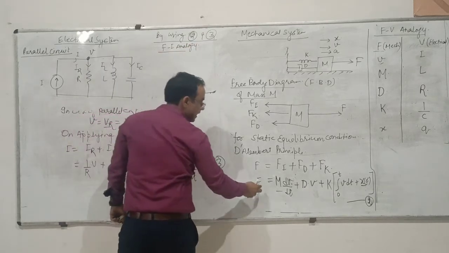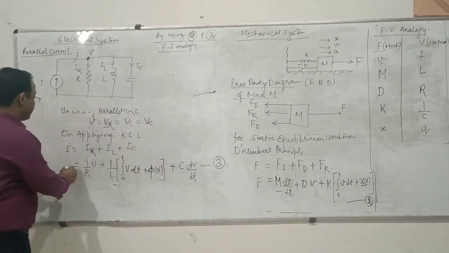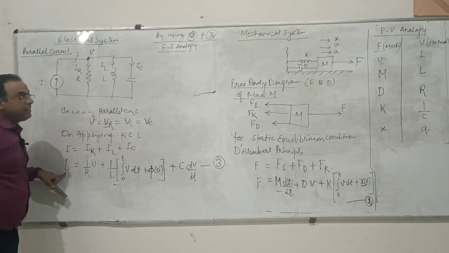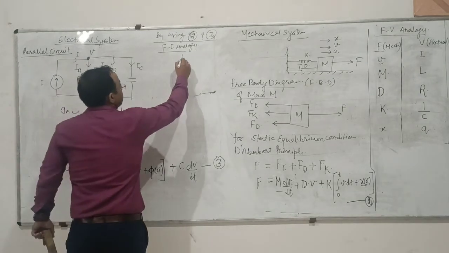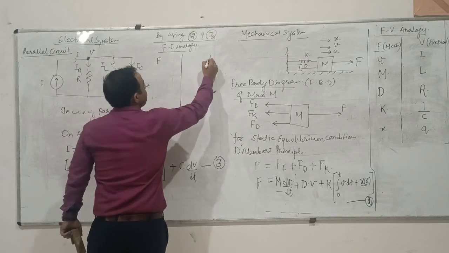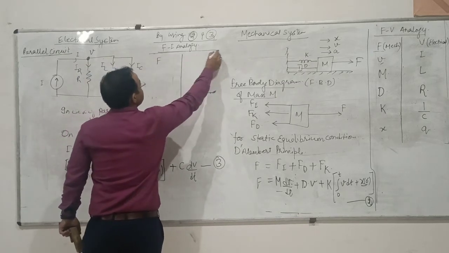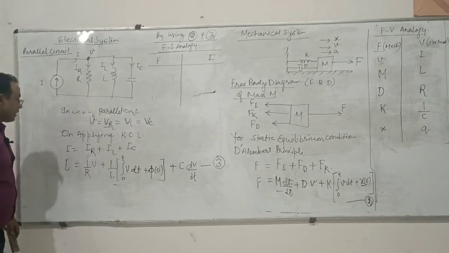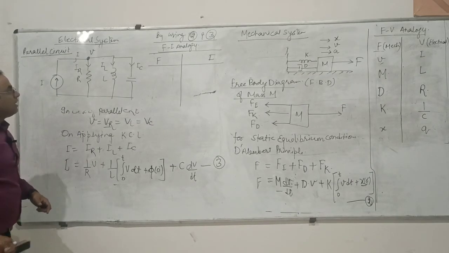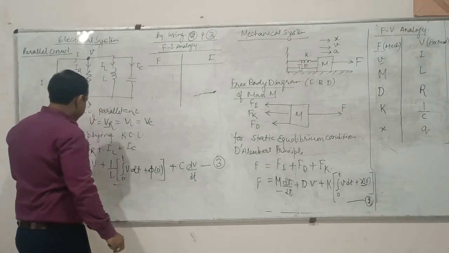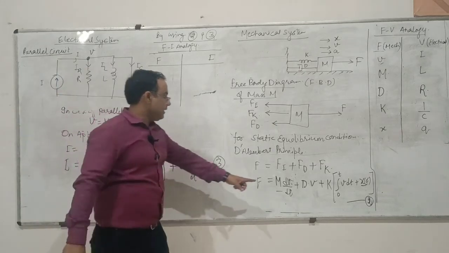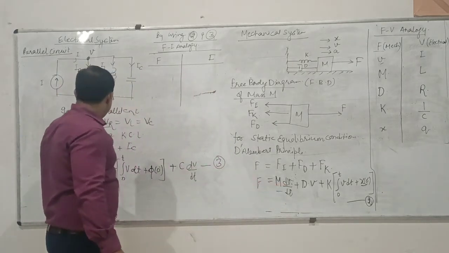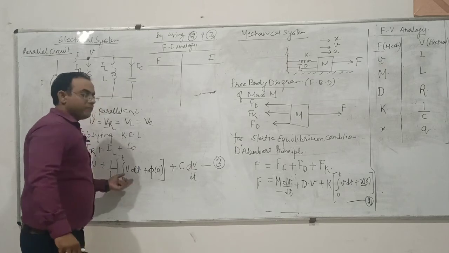where force is analogous to the current. Alright, so in the FI analogy, force is analogous to current, and velocity, here all the equations are written in terms of voltage.